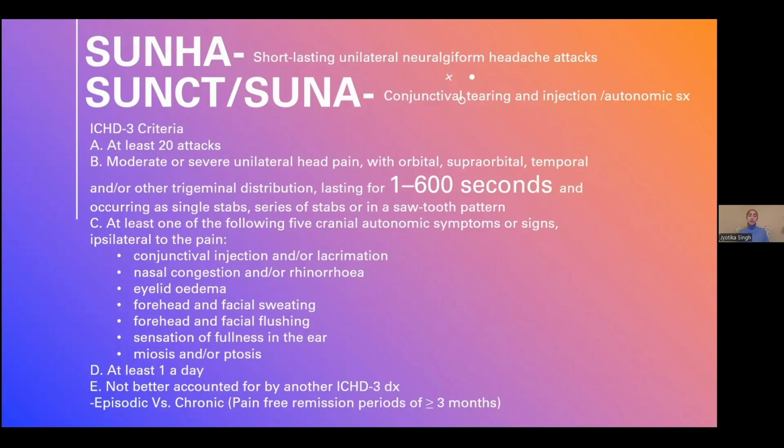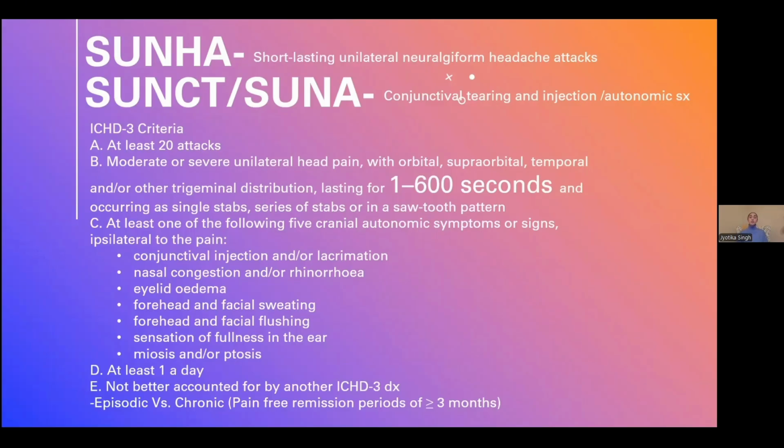The actual criteria for this headache disorder is that you have to have at least 20 attacks of moderate or severe unilateral pain, usually around the eye, behind the eye, at the temple, or in this trigeminal distribution, which is basically your face, and that has to last anywhere from 1 to 600 seconds. So these are short headaches. They can occur as single stabs, a series, or in a sawtooth pattern.